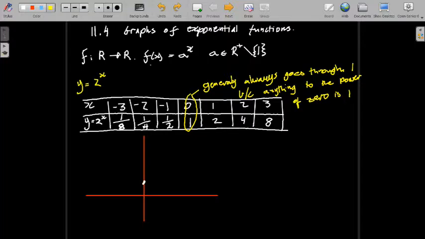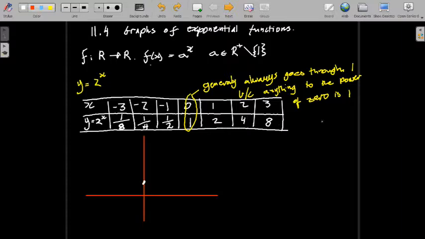So unless you have the situation where it's 2 to the x plus 3, that situation there is going to be 1 plus 3 anyway. It's just anything to the power of 0 is always going to be 1. Okay, so there's our first point.